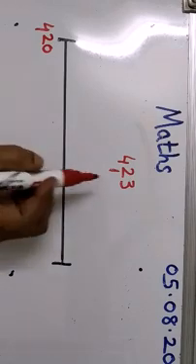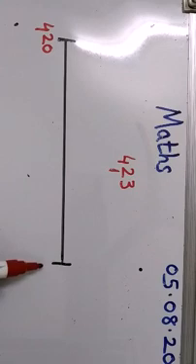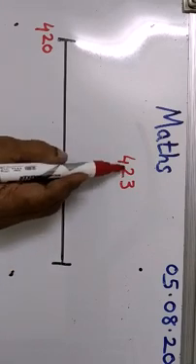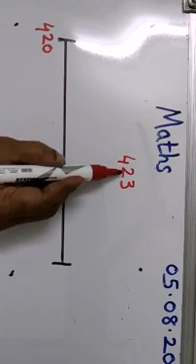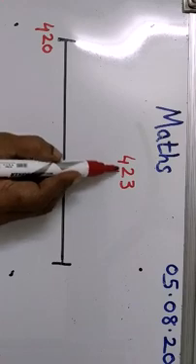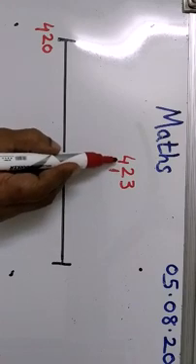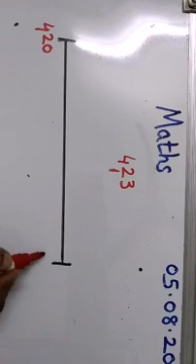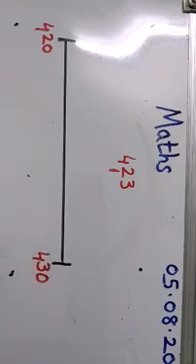Now I want a number at my higher end. To the 42 tens, what is in the tens place? 2. If I add 1, this will become 430, or I can say 43 tens.